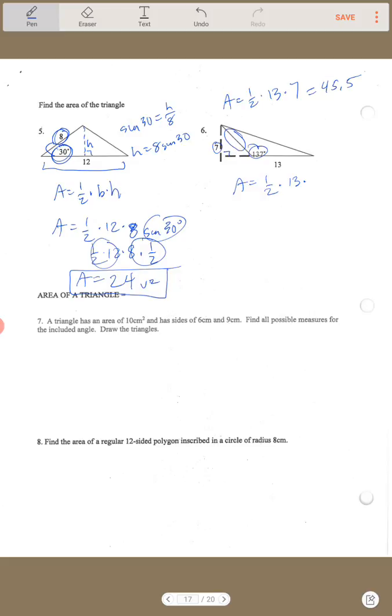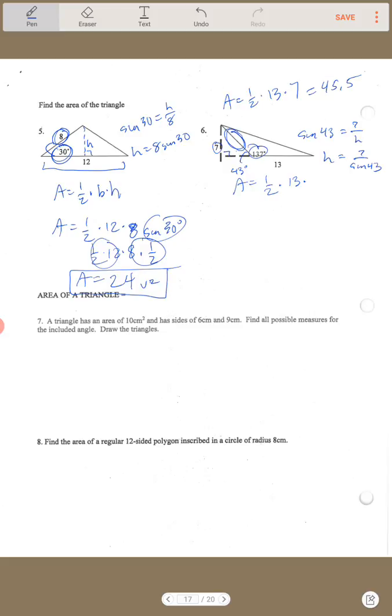Alright, so just doing a little bit of math here. Since I know that there's 137 degrees there, and it is supplementary to 180, that means that this angle right here is 43 degrees. Okay, so if that's 43 degrees, I could find this hypotenuse by saying sine of 43 is opposite over hypotenuse, and so h is 7 over sine 43.